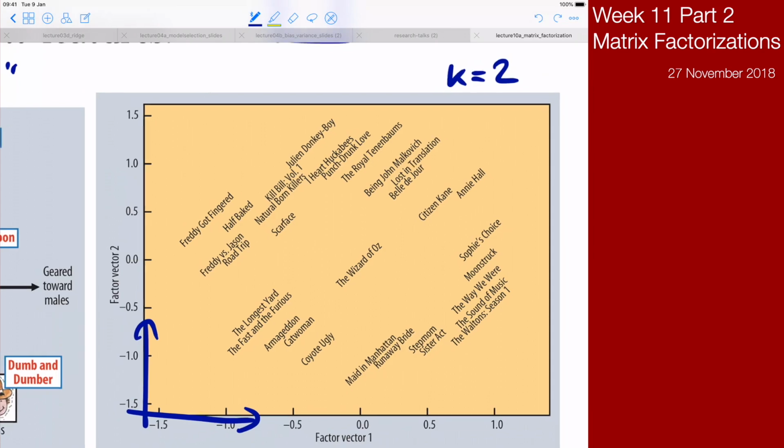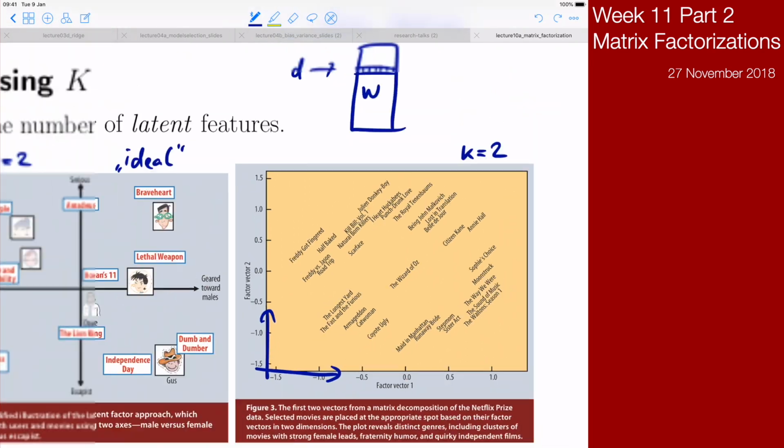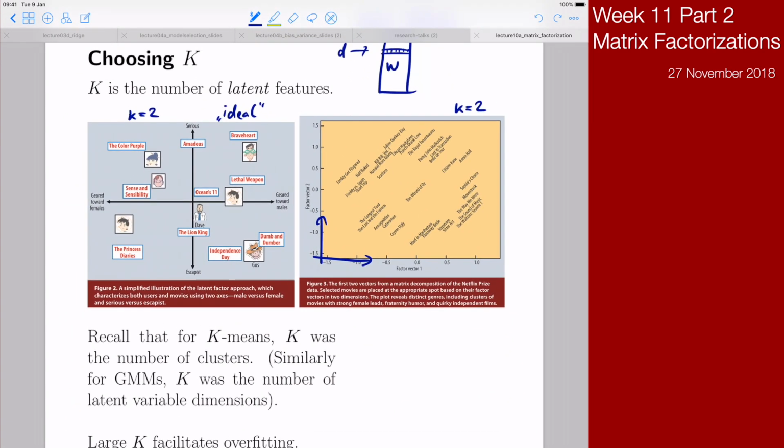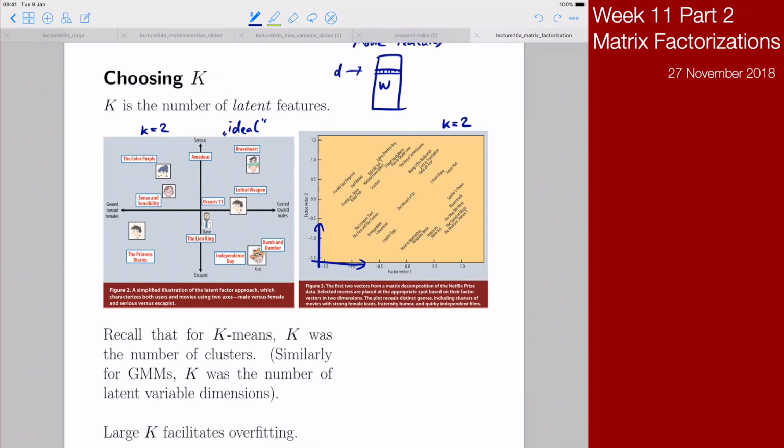Okay, any questions on this one? So that's kind of nice, but the question remains how to choose k. If you choose k very large, we have more parameters, so you would expect to get better predictions, a very accurate fit of all these stars. If k is very low, like 2 here, then you would say you will not get very good predictions, but maybe it will generalize better.